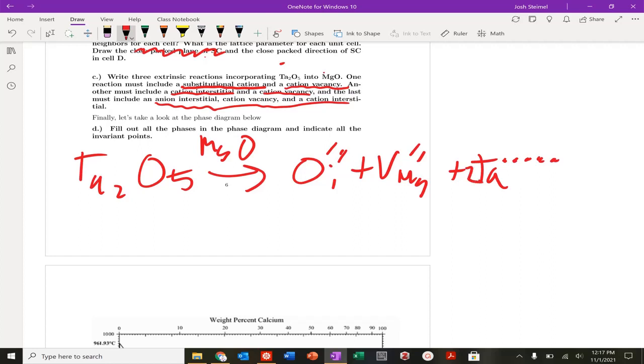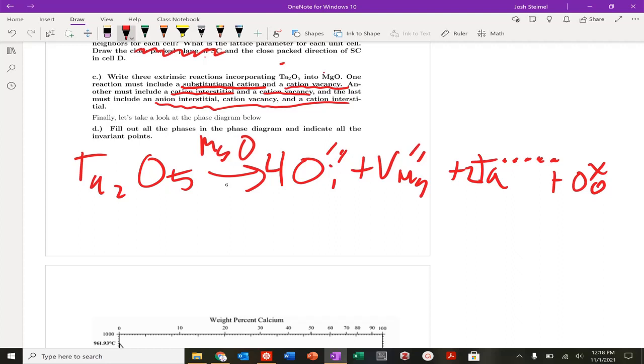So what can I do now? I could increase the oxygen by 4 here, 4 oxygens, so that would be 8. Good. So now I can just do plus oxygen, oxygen X. So that would give me here 2 tantalums, 5 oxygens. Excellent.